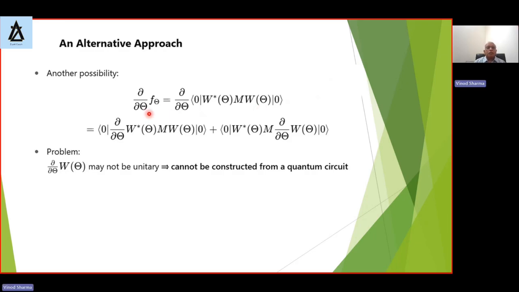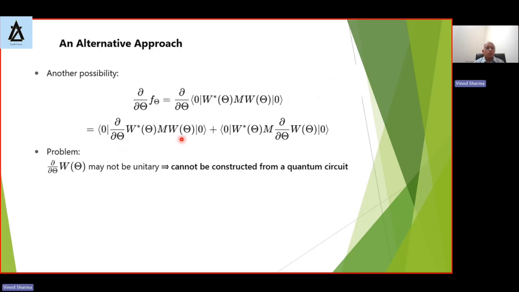Then to take the gradient, since the inner product is linear, you can take the gradient inside, and this becomes an inner product with delta by delta theta of W star theta, where you have a gradient here, and then you have a gradient here. So you can think of considering each one of them as quantum circuits, and then they take the expected values with respect to the circuits on these sides.